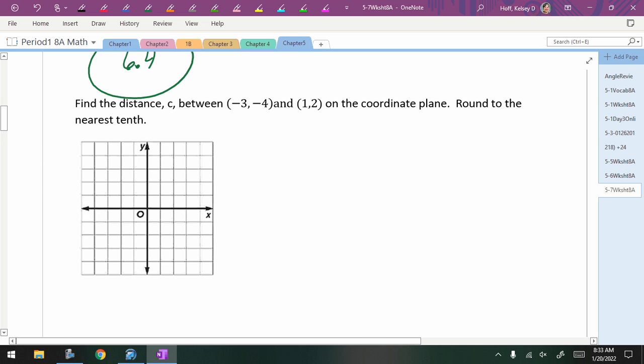The second number tells you to go up or down. So (-3, -4), I would go left 3, down 4.